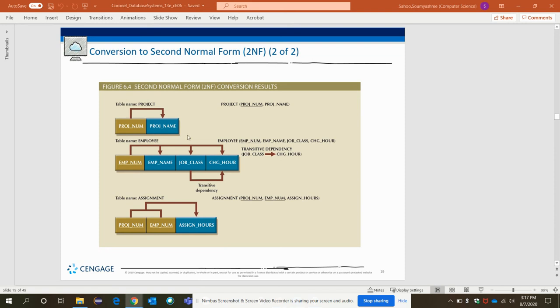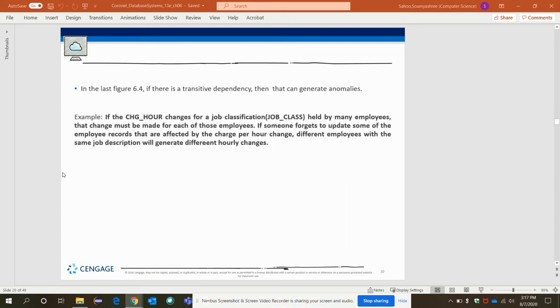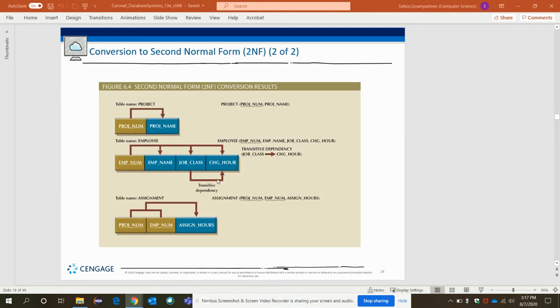Let me take you to the last figure, 6.4, the one I was talking about. If the CHG hour changes for a job classification held by many employees, then that change must be made for each of those employees.